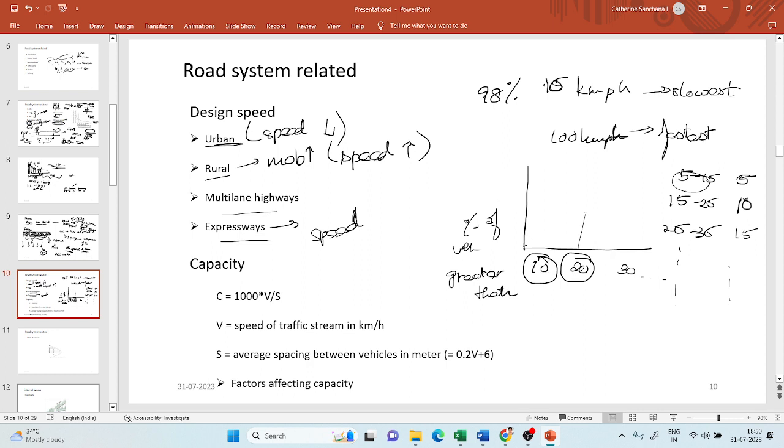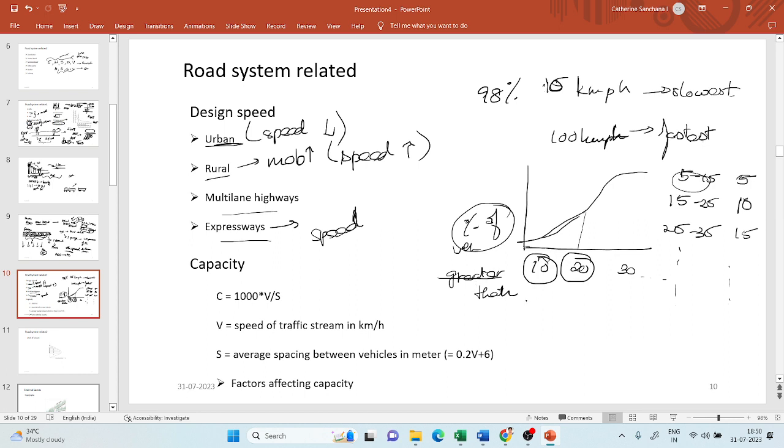In that manner, you will get an S-shaped curve like this. I'm not sure if it is greater than or less than; it should be the percentage of vehicles greater than or less than. I will just check and let you know.